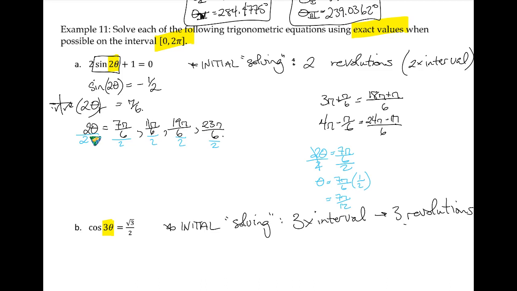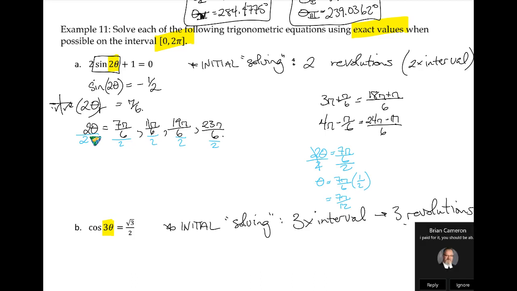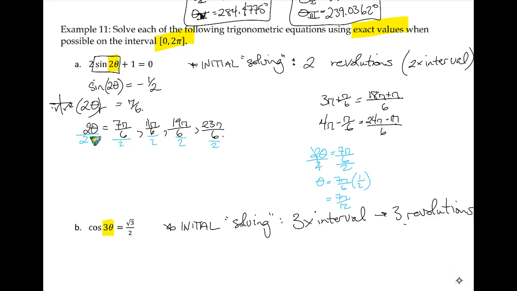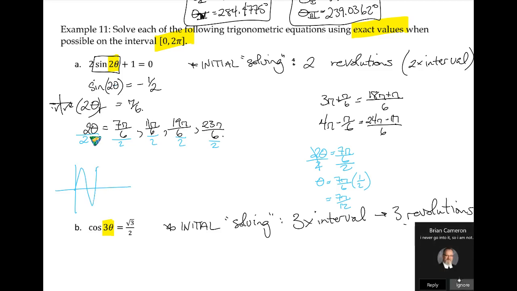Now, why does this need to happen? Again, it's because that 2 is attached to my angle inside my function. And so we see this in our graphs because this would be a compression of my period. And so I should expect when I graph sine of 2 theta, that I would see 2 full periods in that time.